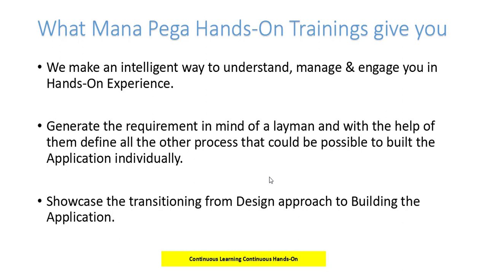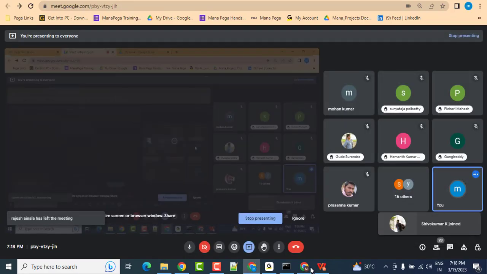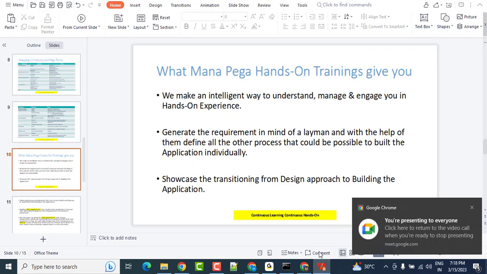We build individual applications. Suppose tomorrow 20 people join or 10 people join, each one should build their individual application, and at the end of the hands-on trainings each one should have their own two applications. In that way we will build our applications.